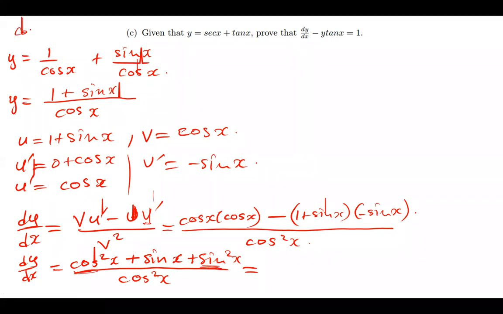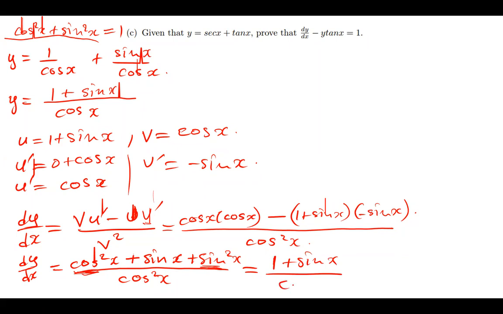We know that cos squared x plus sine squared x is equal to 1. It's a Pythagorean identity. You just have to master it. So this one gives us 1. So this part and this part, when you combine them, we'll get a 1. So we'll have a 1 there, then plus sine x there as a numerator.